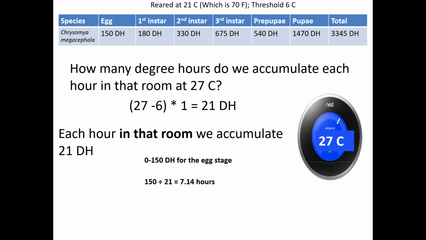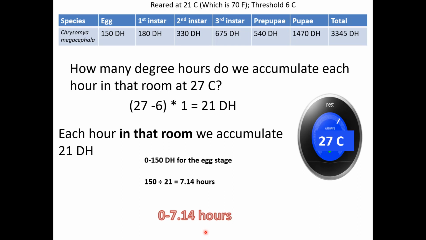Since we know that the eggs are somewhere between 0 and 7.14 hours old based on our calculations, then the answer to that question would be 0 to 7.14 hours. Notice that I put hours. Remember, you will lose points if you don't give me the units. Otherwise, I don't know what you're talking about. So we have our 7.14 hours.